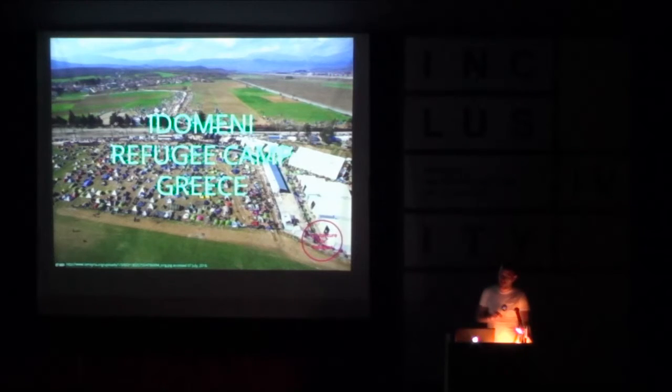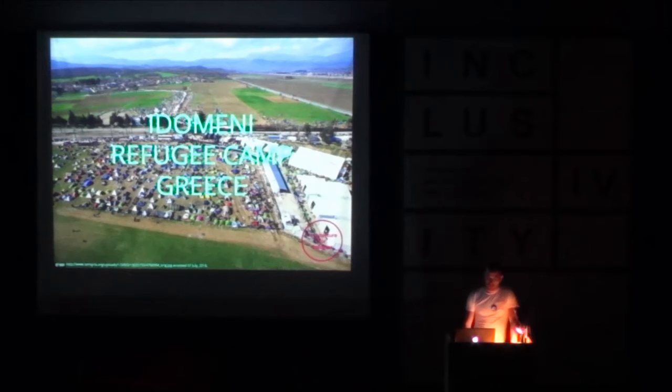And then there is the situation when they are on their way to their new homeland. This camp is in Idomeni, on the border of Macedonia and Greece. This is a more temporary situation, where they are just stopping by for a few days.